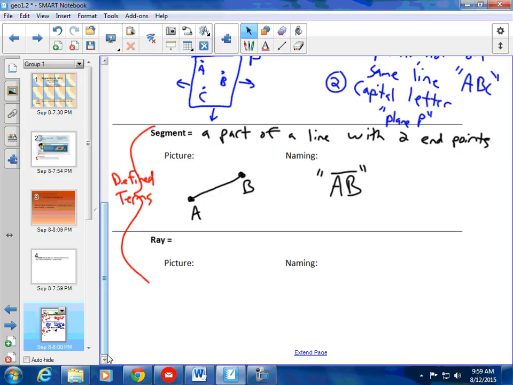A ray, you might recall learning about a ray. A ray is just like a line, only with one endpoint. So it's a part of a line here. We'll use green.